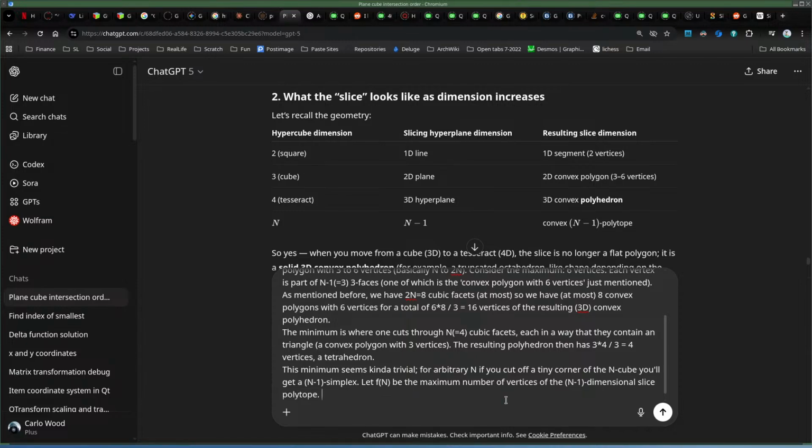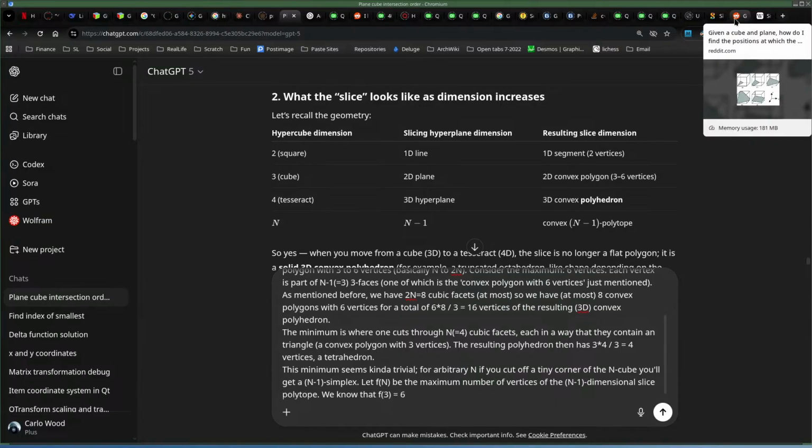We know that f of, well, let's begin with 3 because I'm most comfortable with that. That would be 6. Yeah, that is still this figure. The f of 3, so we work in 3 dimensions. We have a cube and we cut it with an n minus 1 dimensional something, which is a plane.